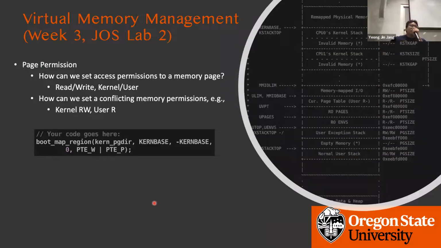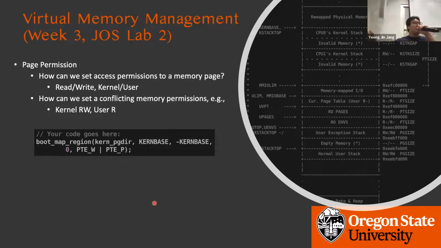And then in week 3, we learned about how operating systems lay out the virtual memory space. The interesting point here is that we are not separating kernel memory from user memory. In a single page directory table, we have both kernel and user.